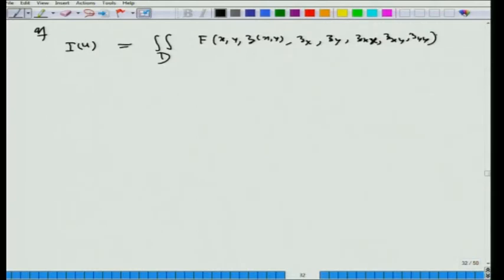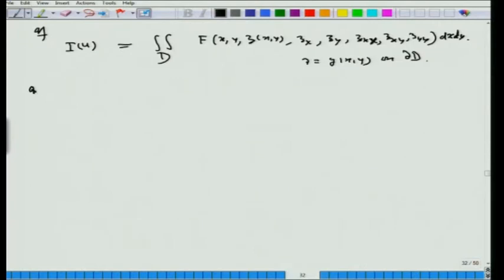So, here we have higher order derivatives of the dependent variable appearing, and z equal to g(x, y) on the boundary of D. So, how do we tackle the higher order derivatives? We have to take now the integration by parts for higher order derivatives, which we do.